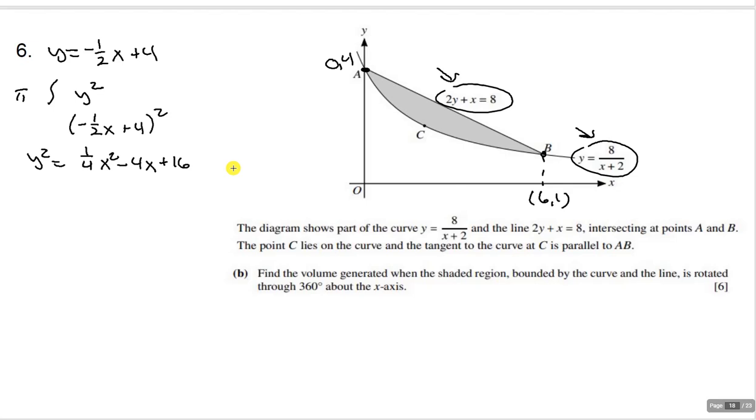Well, just say 6. This is going to be 6. All right, so our two boundaries are going to be 6 and 0, right?